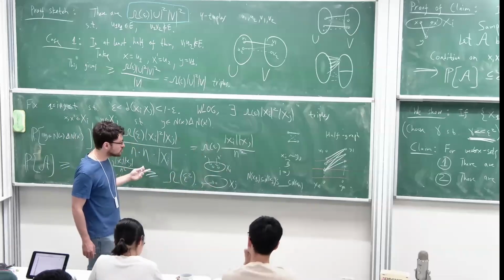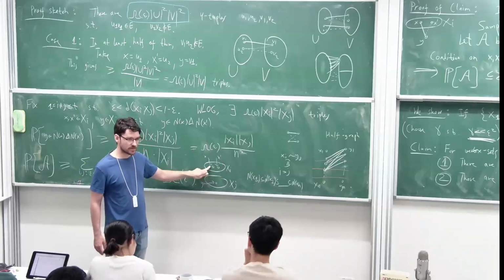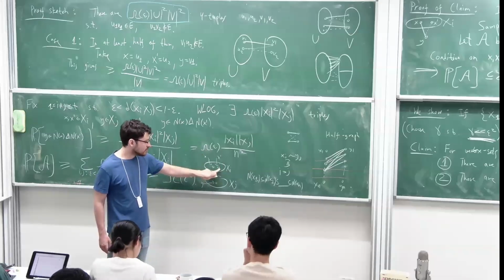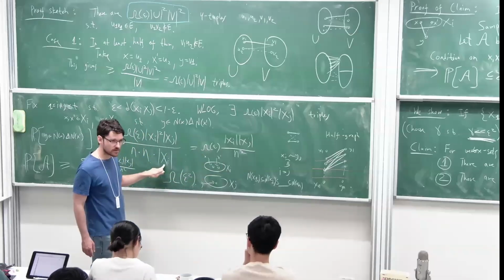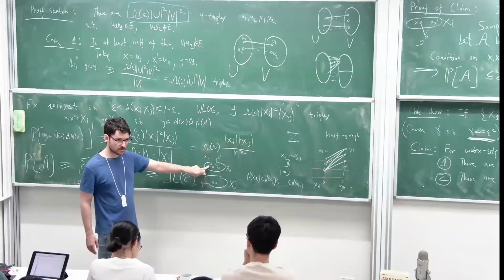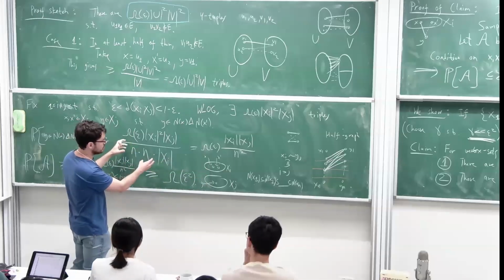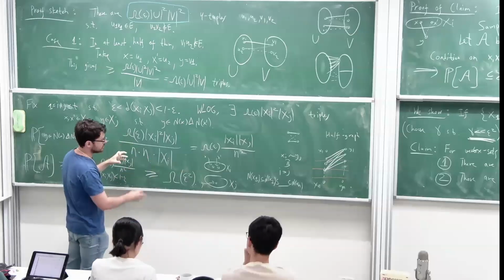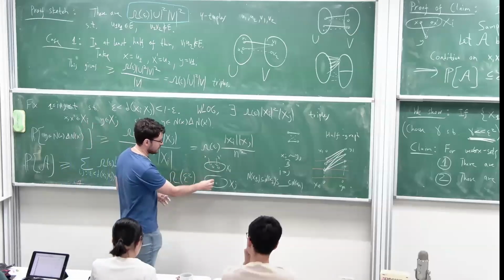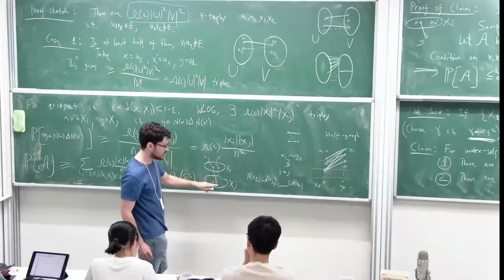But now the way we choose x prime is that after choosing x, we choose x prime in the same part as x. So the probability that x prime equals this vertex is 1 over the size of xi, because x prime is chosen from xi. So we get this probability, right? This is the probability that x, x prime, and y equal a triple like this between xi and xj.